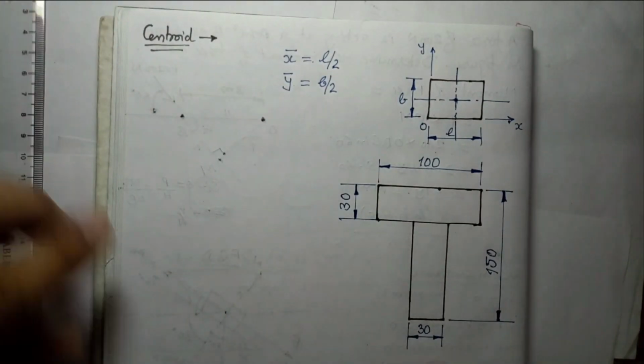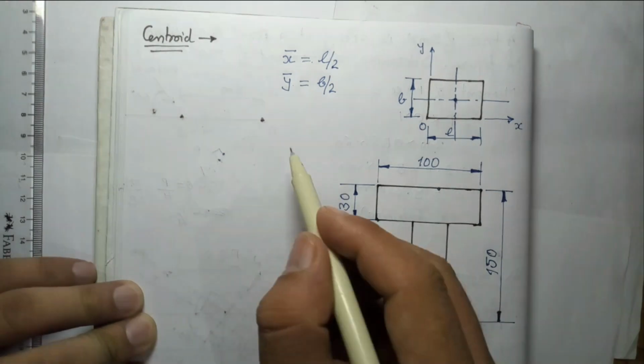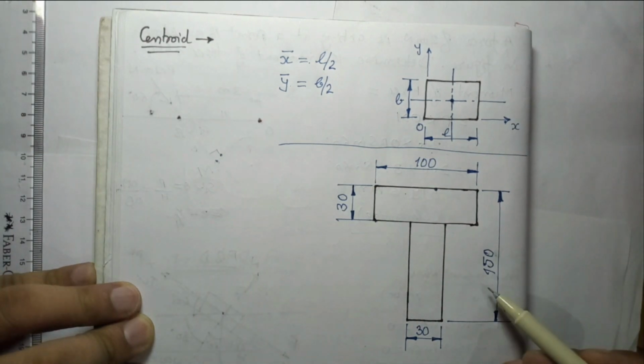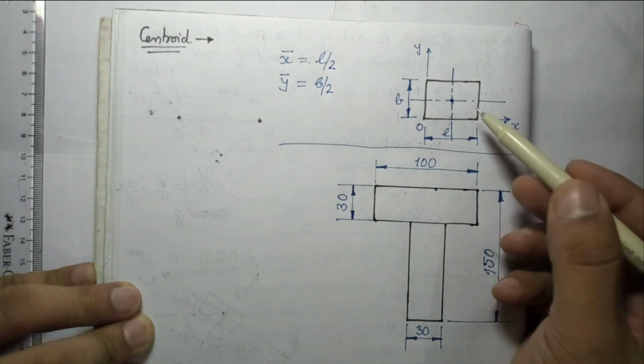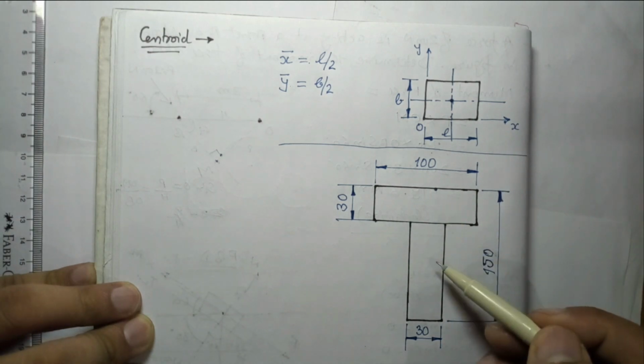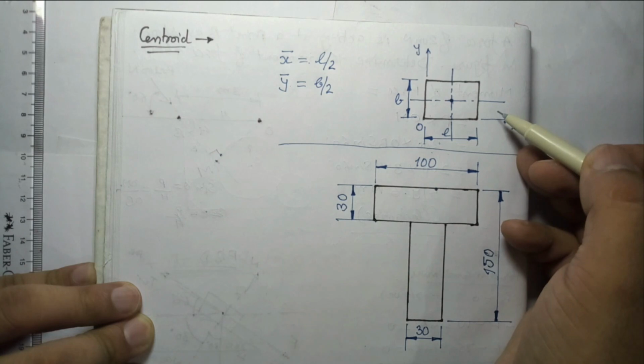Let's say we have taken a T section and we want to find the centroid of this object. If I compare it with this one, we cannot find the centroid of this object directly by taking the geometry, because this object does not have a single surface and we cannot apply this type of geometrical shape.